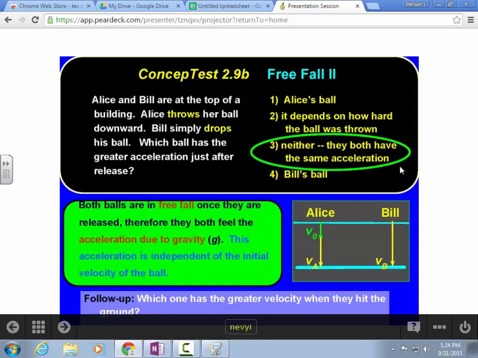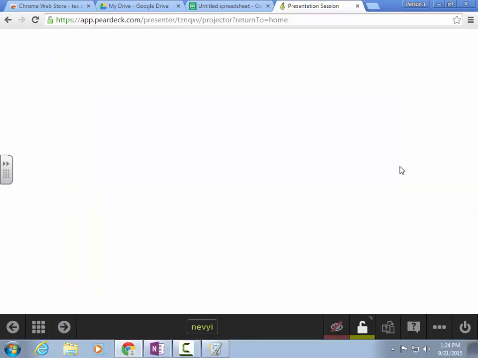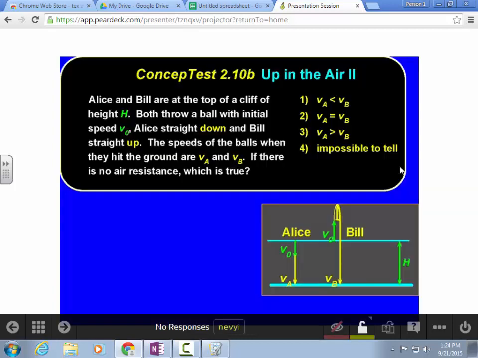So which one has a greater velocity when they hit the ground? Clearly, Alice's ball will have a greater velocity. Okay. If there's no air resistance, what do you expect the two speeds to be when they hit the ground?